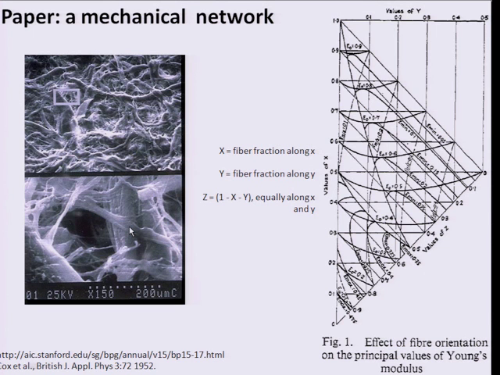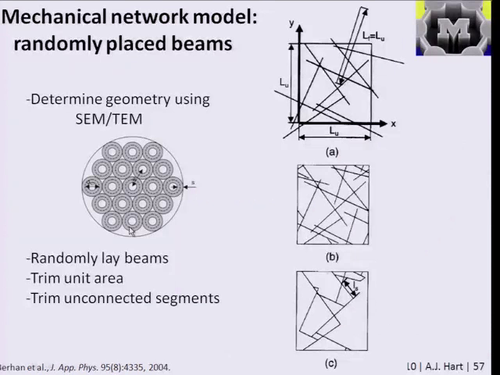This is a paper from 1952, and they're looking at the modulus of the material as a function of the fractions of fibers that are aligned along particular directions. And I'm showing you this because, by and large, the same mechanics can be applied to modeling the mechanical properties of networks of structures, except now we maybe know a bit more about the properties of the individual structures and the properties of the joints between them.